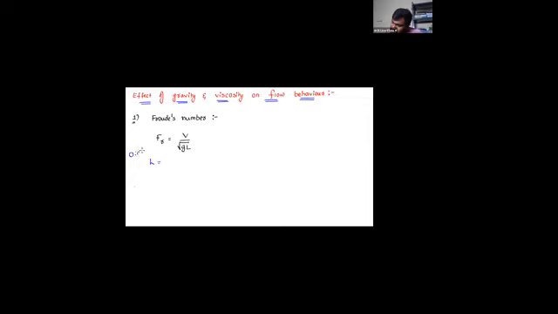In open channel flow, the L is replaced with D. What is D? It is not a diameter, my dear. It is the hydraulic depth. So in open channel flow, for Froude number, it is going to be D. Now I can rewrite this as V by root of gD. I hope you understood the definition.